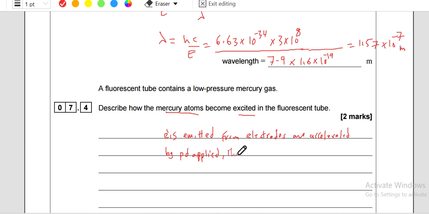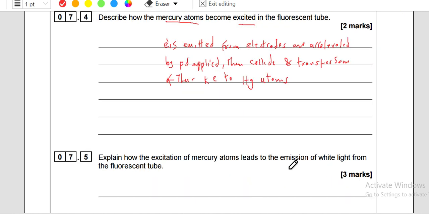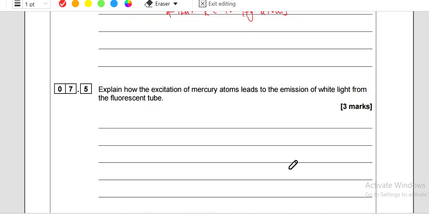Then they collide and transfer some of their energy, their kinetic energy, to the mercury atoms. So we have accelerated electrons from electrodes that collide and transfer kinetic energy to the mercury atom.